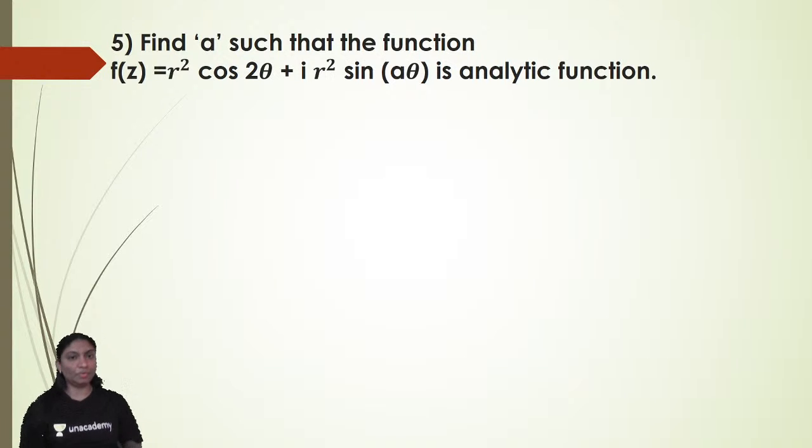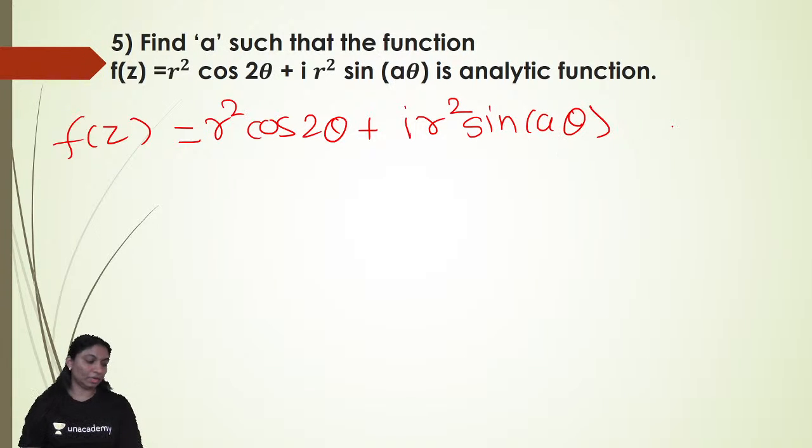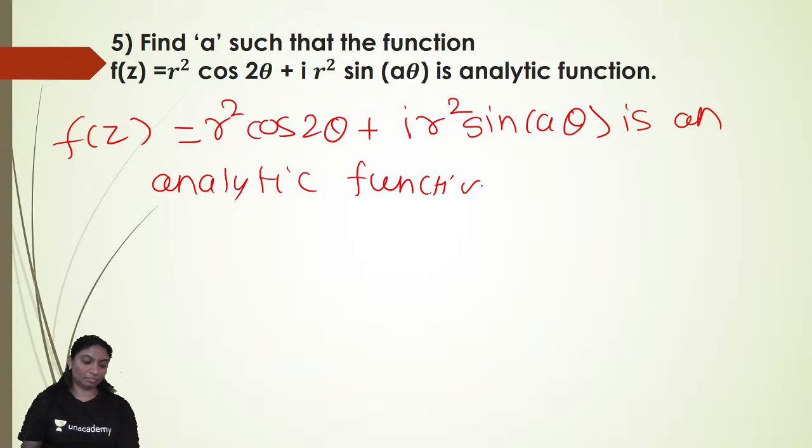Now see, here u is a function of r. So we get f of z is equal to r square cos 2 theta plus i r square sin a theta, which is an analytic function.